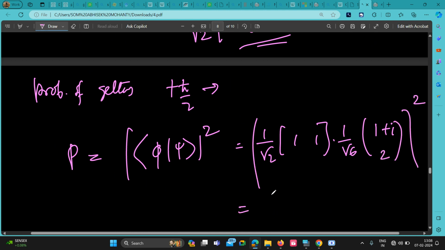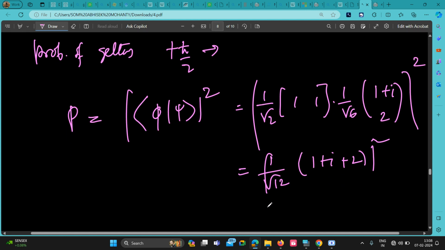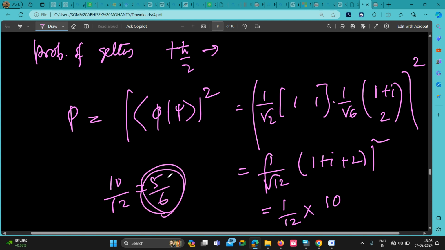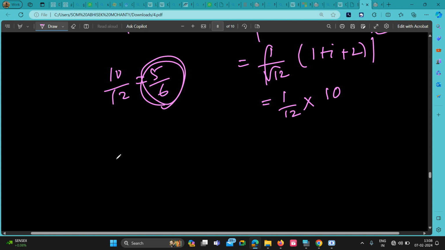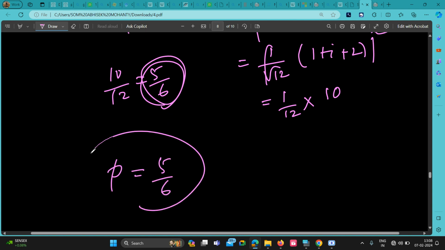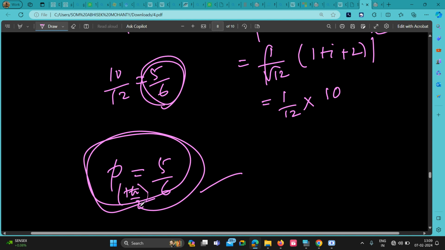So if you do it, this will be 1 by root 12, and this will be 1 plus i plus 2, and whole square. That will be 1 by 12 into this, which will be how much? 3 plus i squared will be 10. So 10 by 12, that is 5 by 6. So probability of plus h cut by 2 is 5 by 6. So probability of minus h cut by 2 is how much? 1 by 6, because total probability should be 1, right?